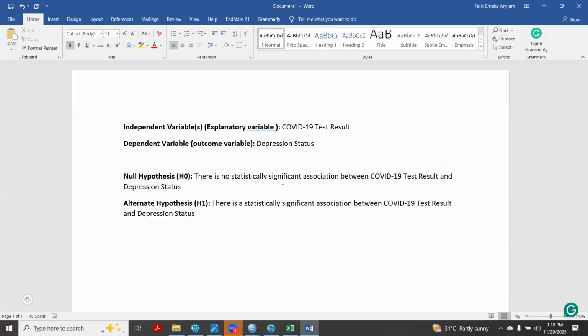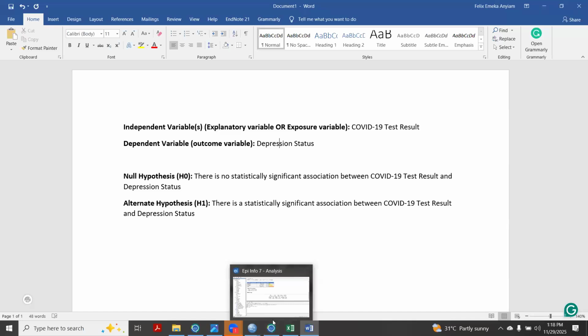It's also called the exposure variable, the variable that the dependent is exposed to for it to change. So that's a third name for it, and we use exposure variable more as epidemiologists.